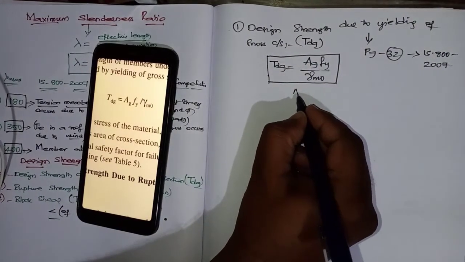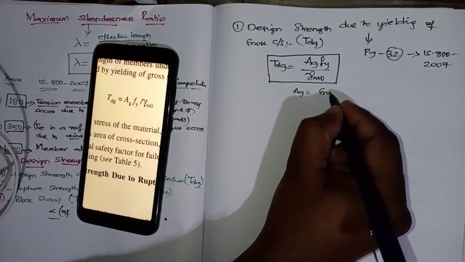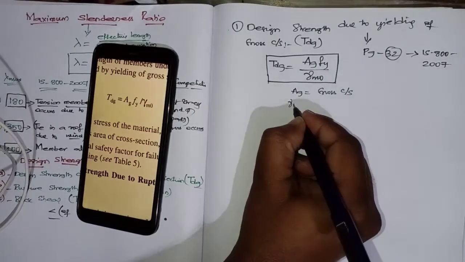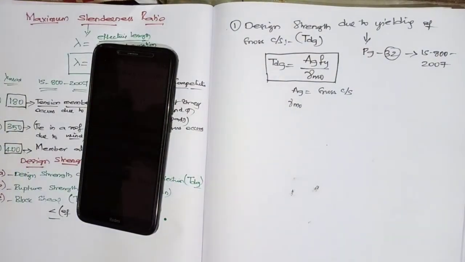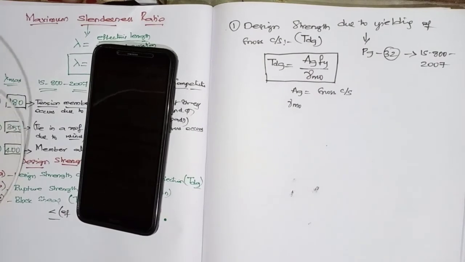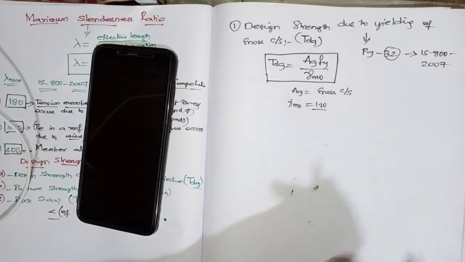Okay, now what is this AG? AG is nothing but the gross cross section. Now in the earlier introduction class, we have studied regarding the partial safety factors, right? So under loading condition, the partial safety factor will be how much? It has to be 1.10.